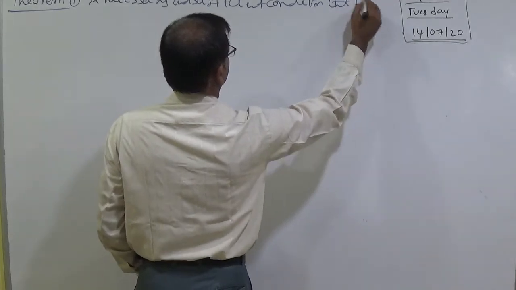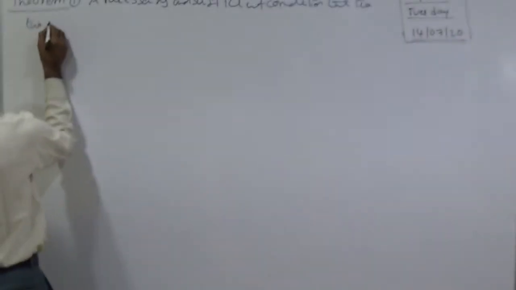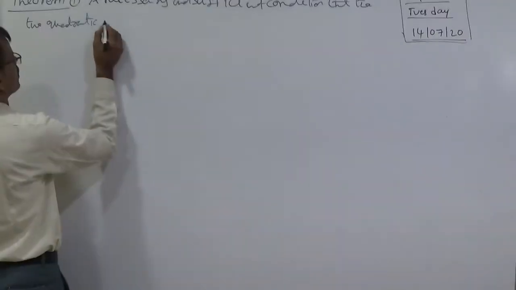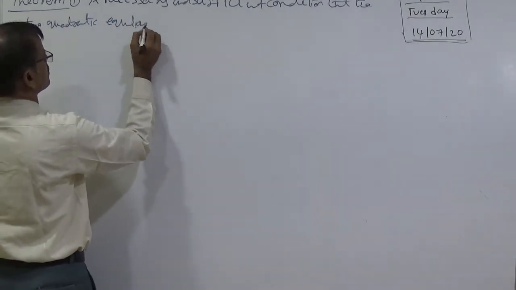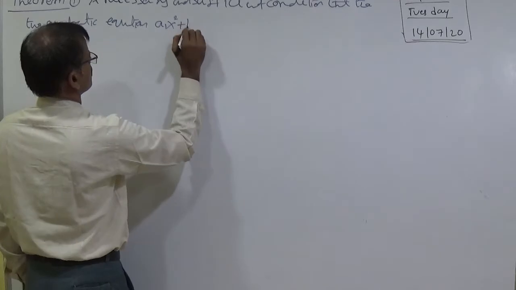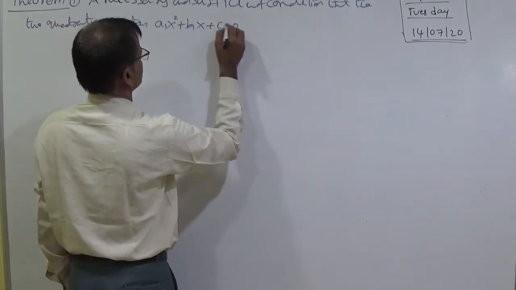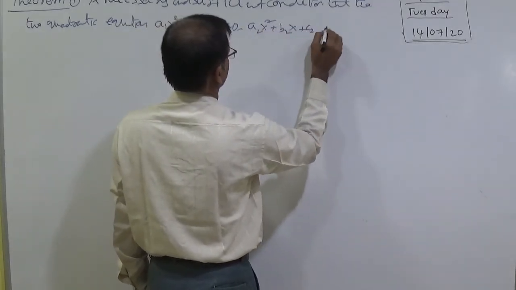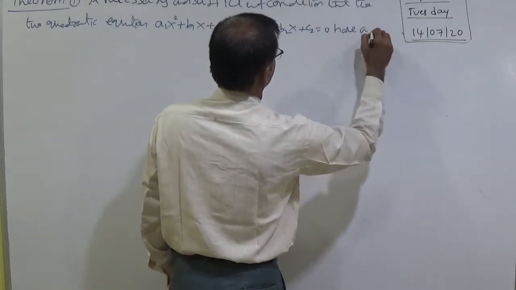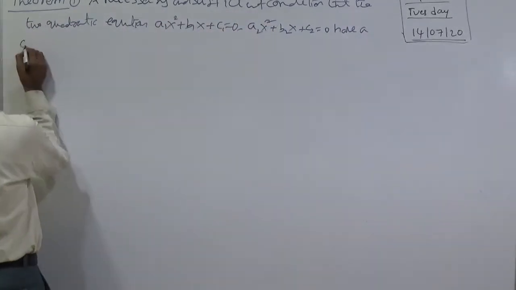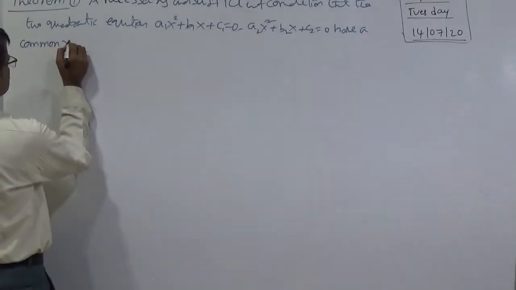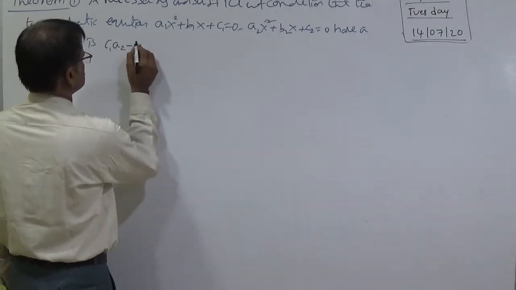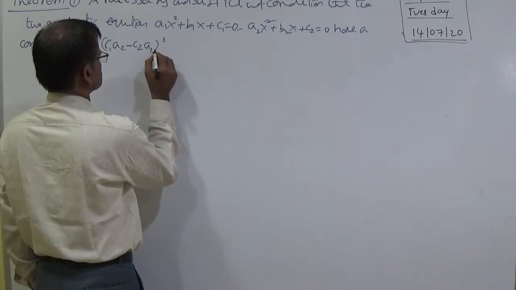A necessary and sufficient condition that the two quadratic equations a1x square plus b1x plus c1 equal to 0, a2x square plus b2x plus c2 equal to 0 have a common root is, this is the formula, c1a2 minus c2a1 whole square.